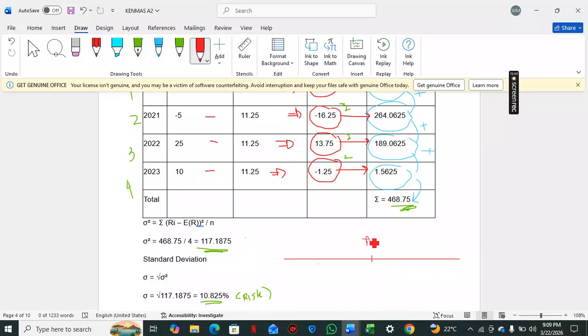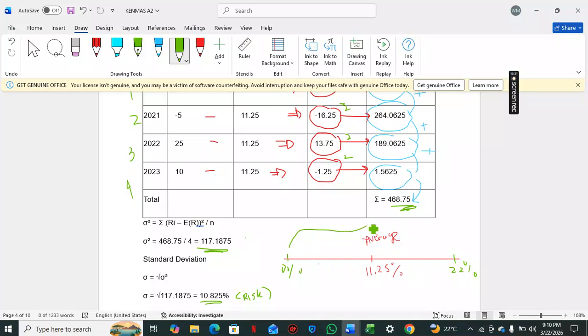Your average return is here, 11.25%. So you have a standard deviation of 10.85%. We can round it off to 11. So 11 plus 11, that is 22% here. 11 minus 11, that is 0% here.